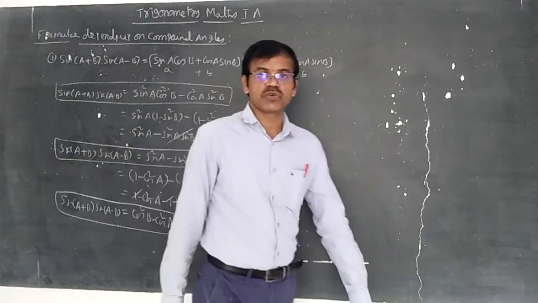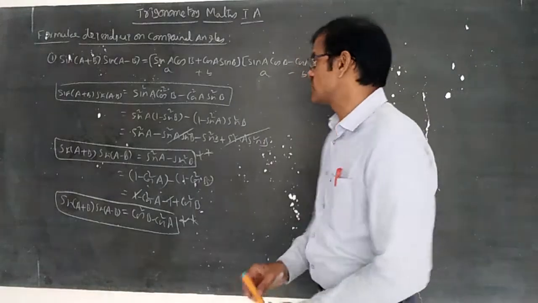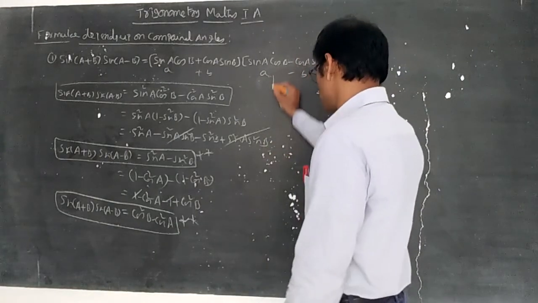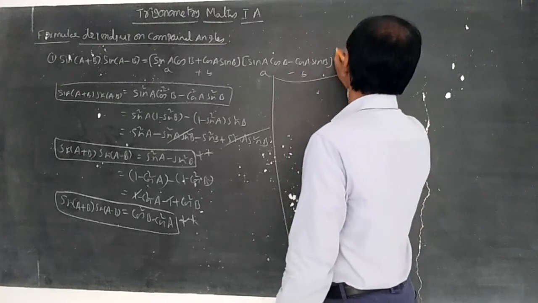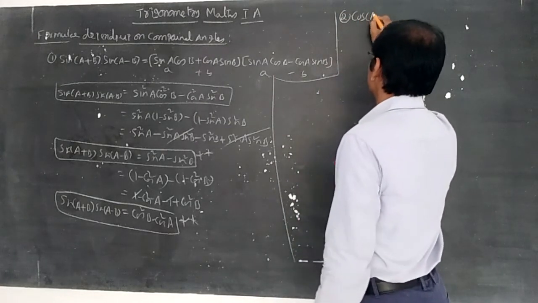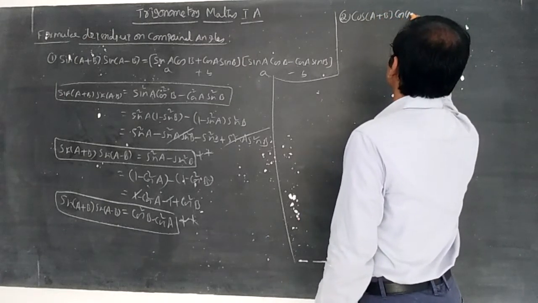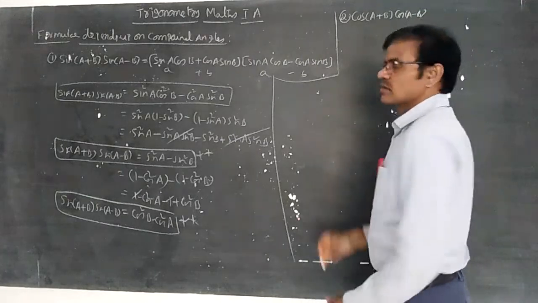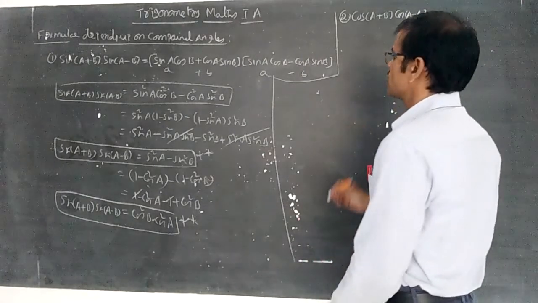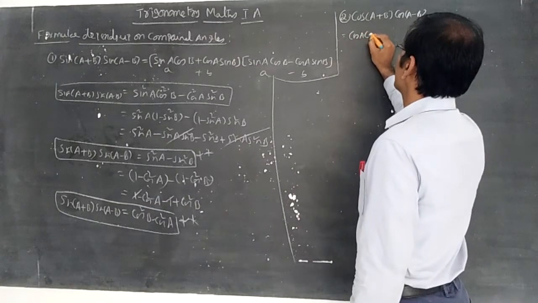Now let us discuss the formula for cos of A plus B into cos of A minus B. Let us write the compound angle formulas.